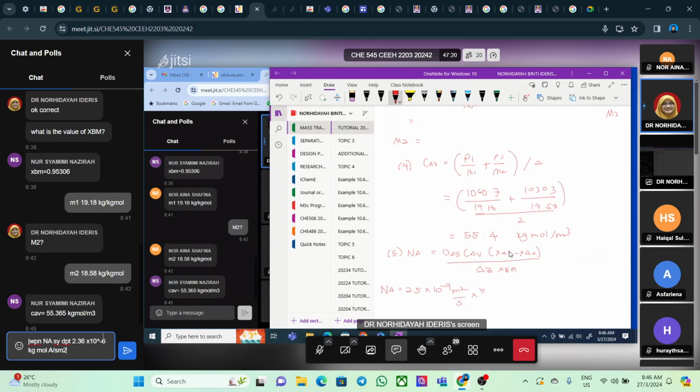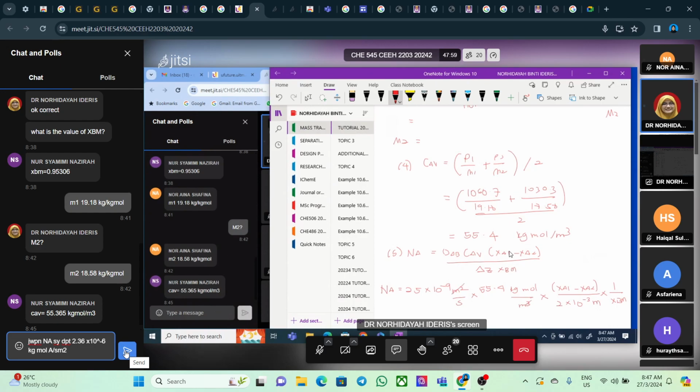You multiply with the 554 kilogram mole over meter cubic darab dengan SE1 minus SE2 berapa tadi value? Okay, kamu istilah value SE1 minus SE2 here. So delta Z berapa tadi? 2 darab 10 kuasa negatif 3 meter kan. So darab dengan SBM tadi berapa nilai dia? 0.953.